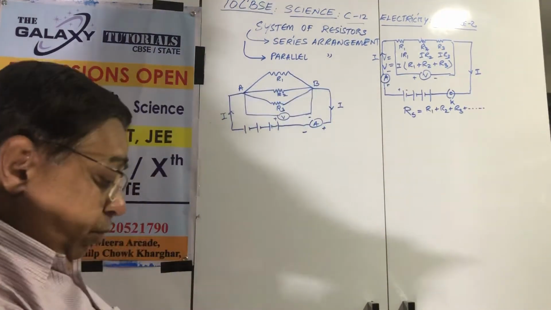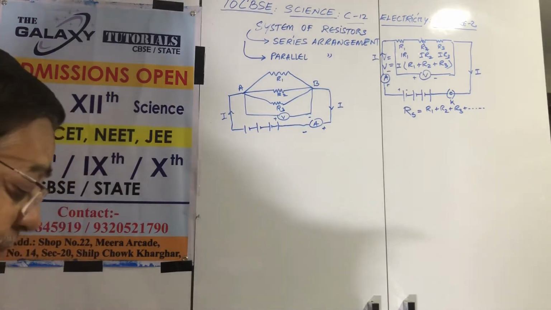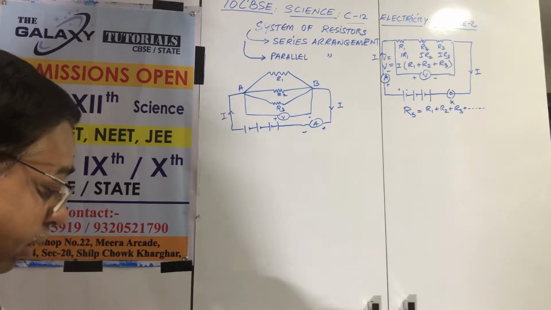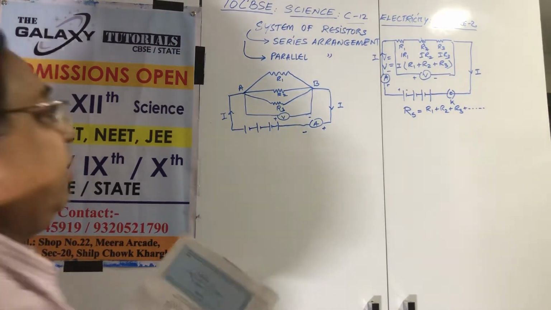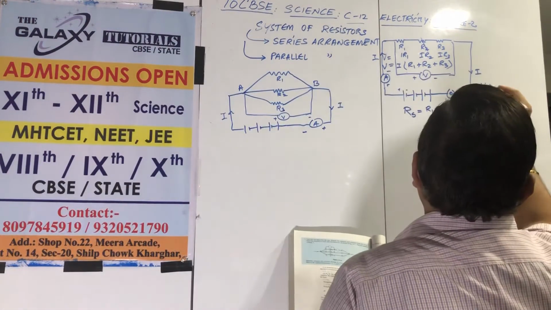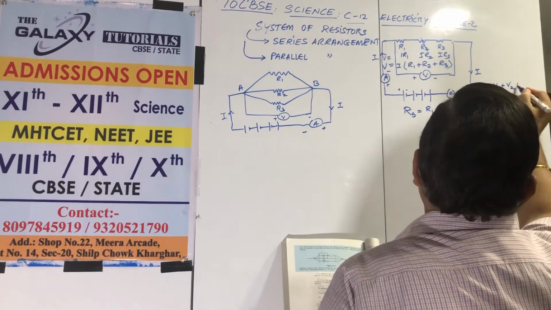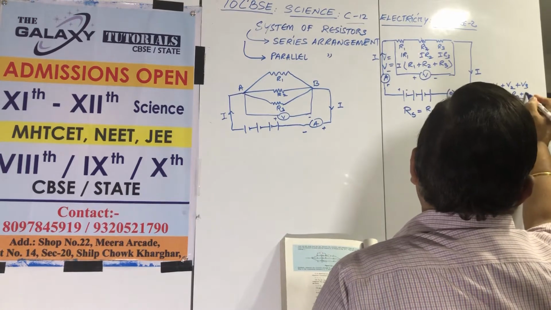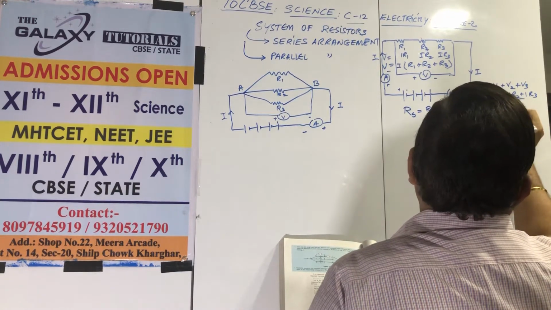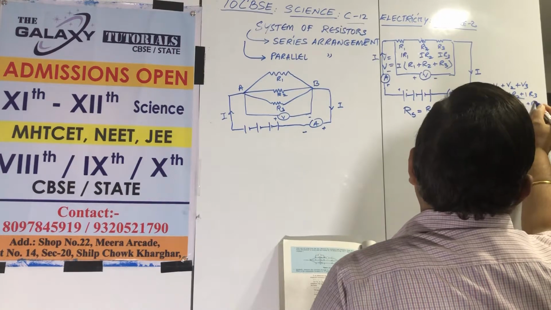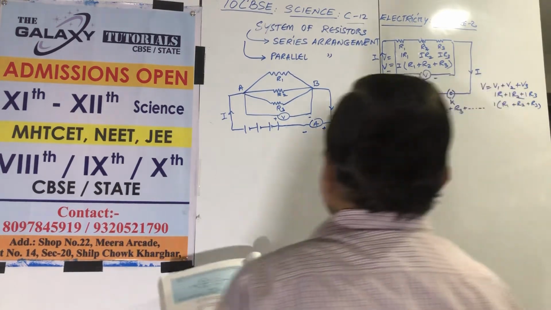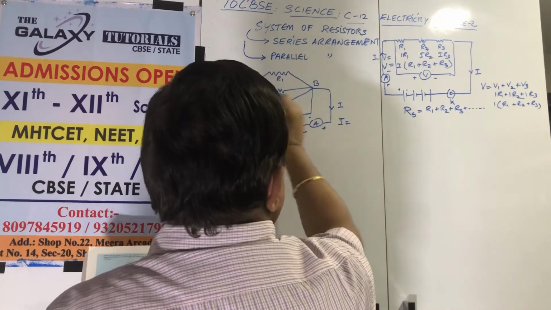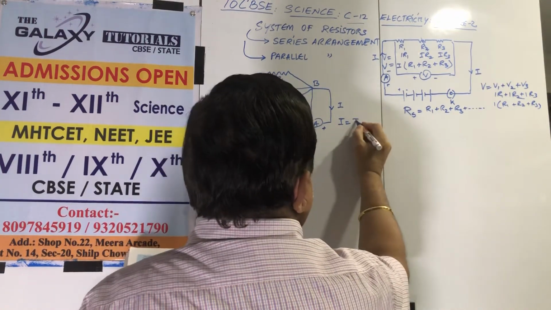Here we find that in a parallel circuit, the total current is the sum of the currents. In series, the total voltage was the sum of individual voltages, through which I got IR1, IR2, IR3, with I common outside of R1, R2, R3. Here, the current will break up: it will go here, here, and here. The current breaks up.